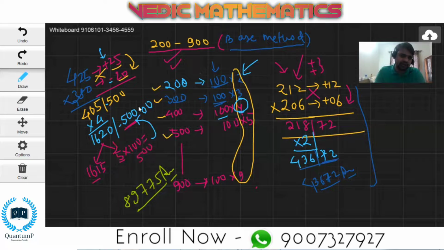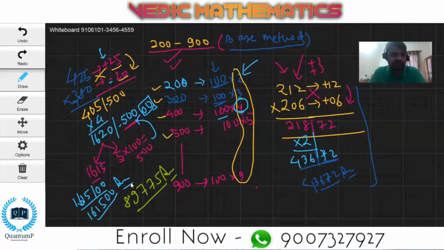So 00 on the right hand side and 1615 on the left side. So the answer is 161500. Correct, right? This is very nice for speed. You can see the flow we have to maintain.